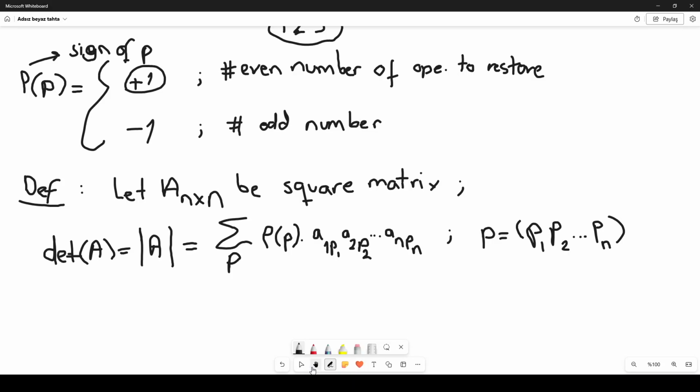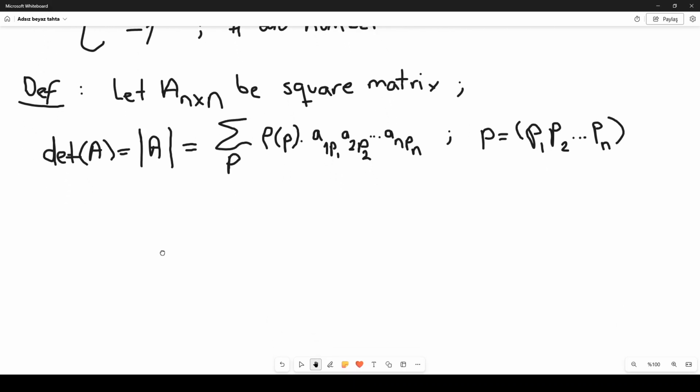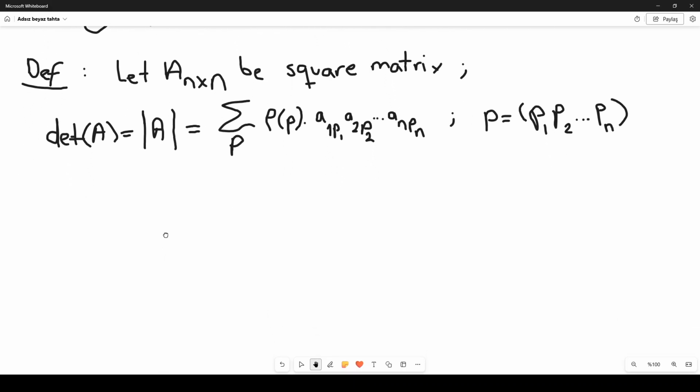Before giving you an example, let's first understand what a determinant is. This means, guys, if we are given a matrix, first of all, to find a determinant, this matrix should be a square matrix. What this means is the number of rows must be equal to the number of columns.